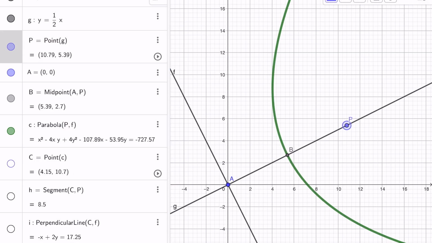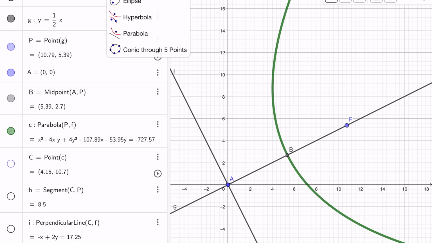To make that parabola in green, I actually used one of the functions up here on GeoGebra, which says parabola, and you have to specify the focus and specify the directrix, which are in place, and we've talked about them being P and then that line y equals minus 2x. So I cheated, I used a function.